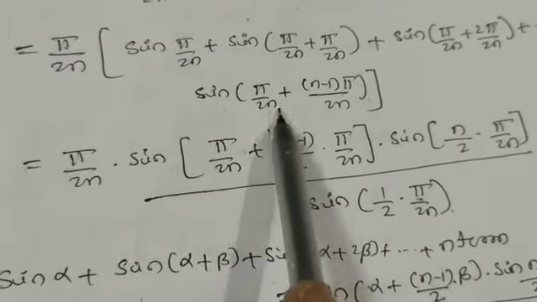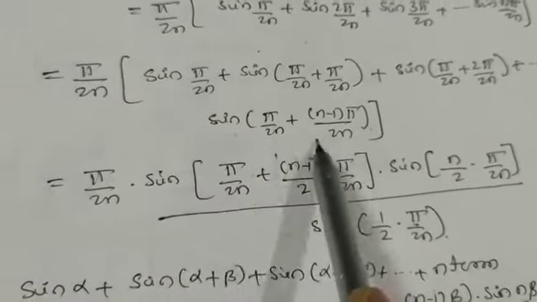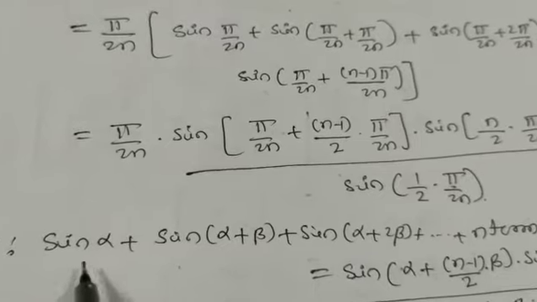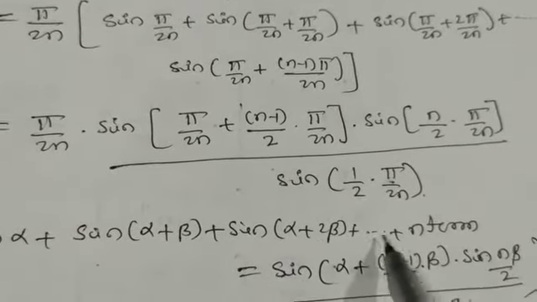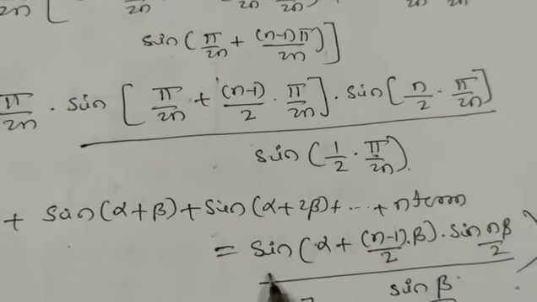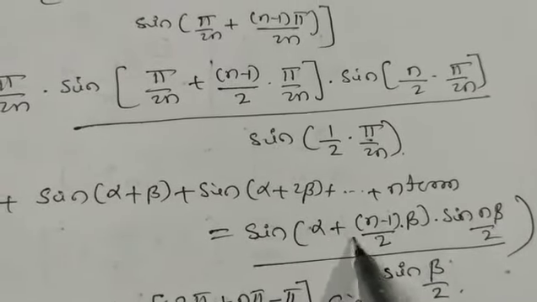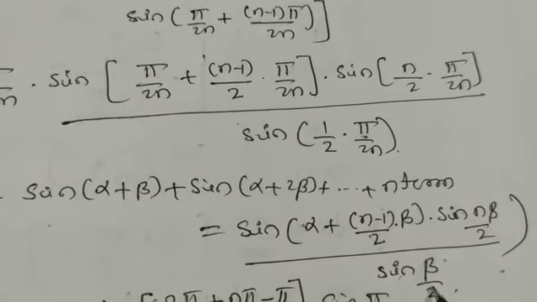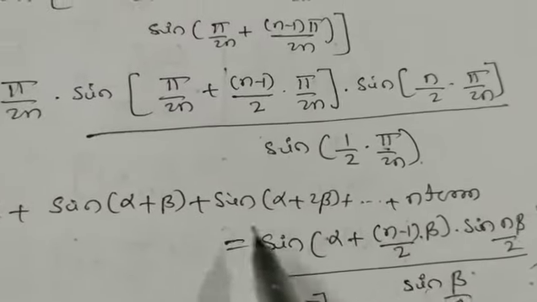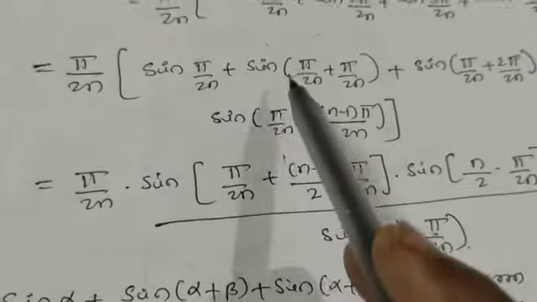So this is like what here? We know this formula: sin alpha plus beta plus sin alpha plus 2 beta, etc., up to n terms, is equal to sin of alpha plus (n minus 1) beta by 2, into sin of n beta by 2, divided by sin of beta by 2. This is the general formula we know. So let us compare this with this formula.